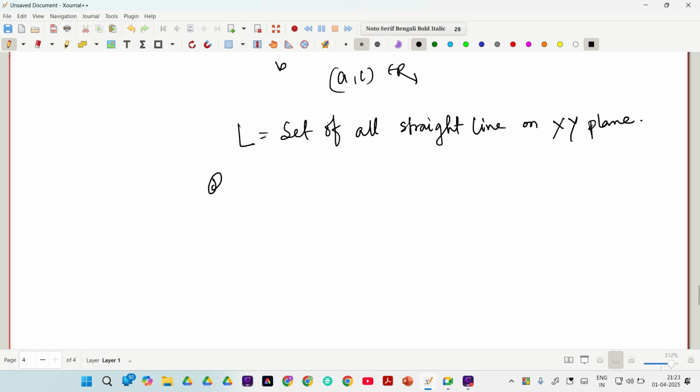Now I am defining a relation R, where (L1, L2) belongs to R such that L1 is perpendicular to L2, with L1 and L2 belonging to L. Now tell me, or check, whether R is reflexive, symmetric, or transitive.